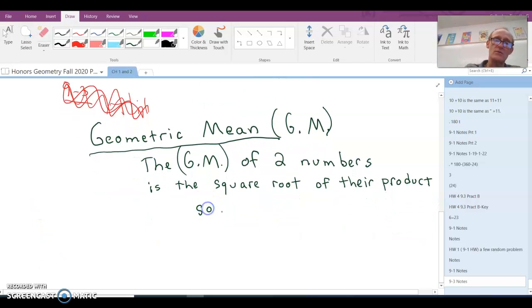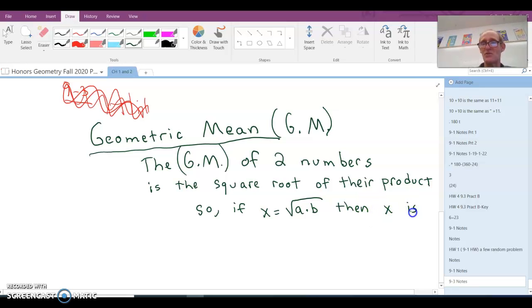So, if x equals the square root of a times b, then x is the geometric mean of a and b.